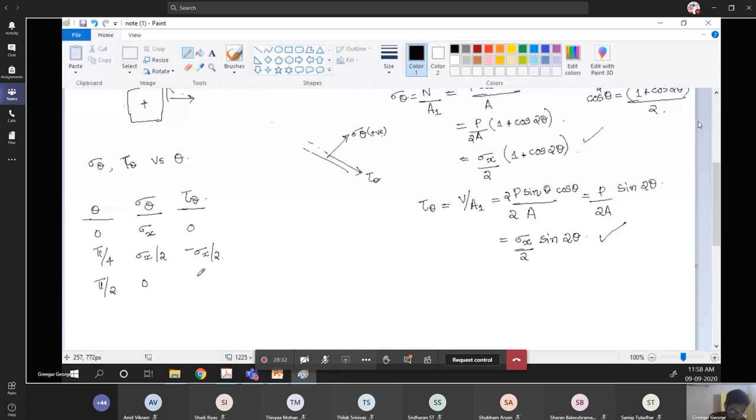Now we will plot this sigma theta and tau theta versus theta. For simplicity, this is theta and this is pi by 4, this is pi by 2.